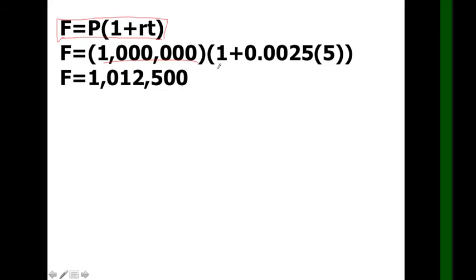You will get 1,012,500. So that will be your future value at the end of 5 years.